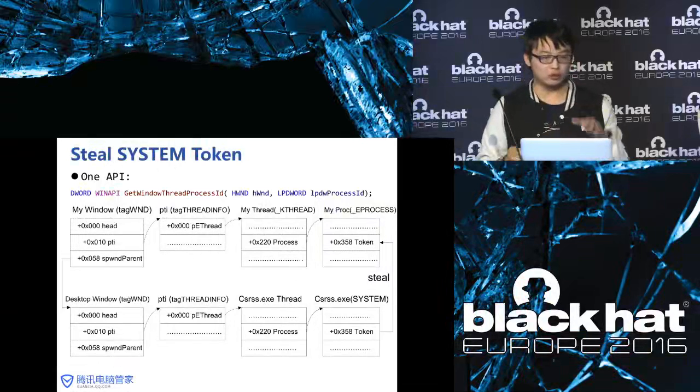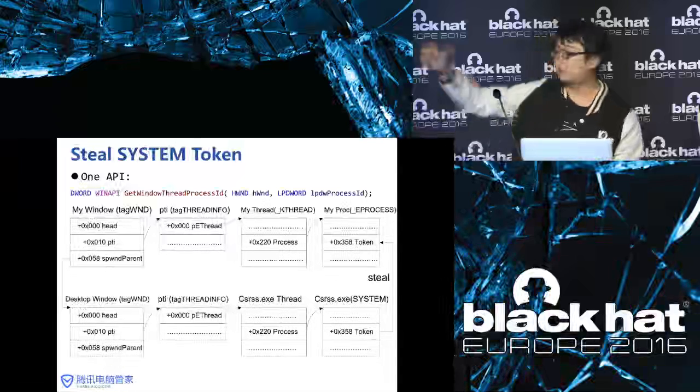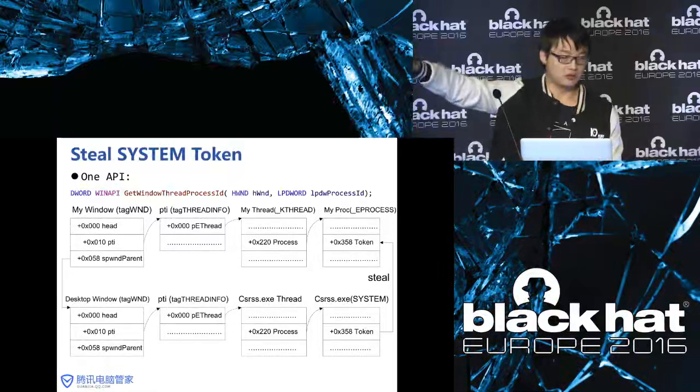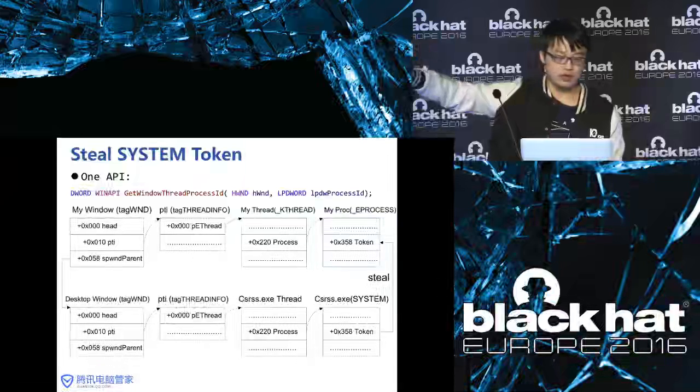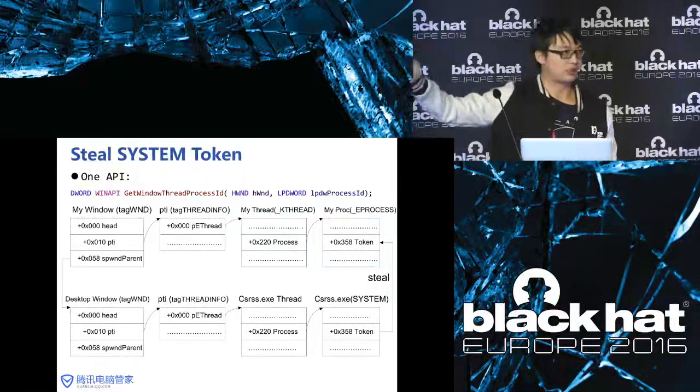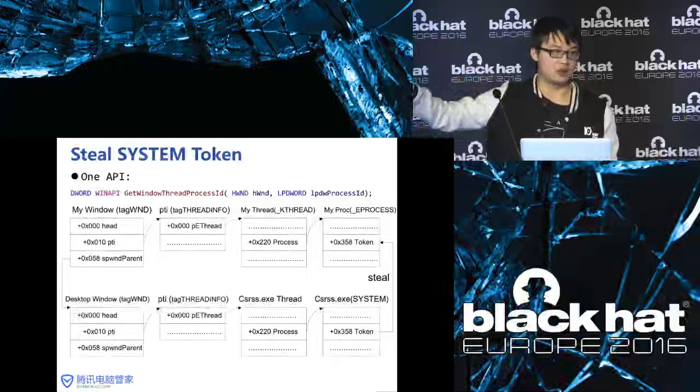So we can use this spawned parent in our tagWND to find the desktop window, and through the same procedure we can finally reach CSRSS.exe, the system process. At the same offset, we can get the system token.